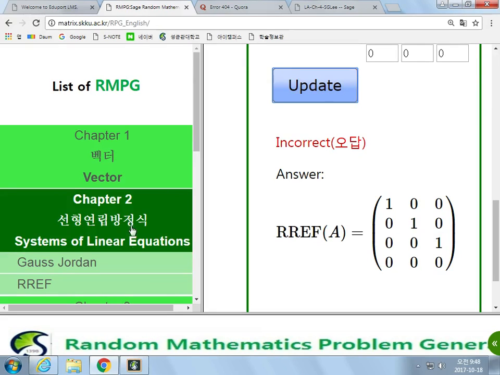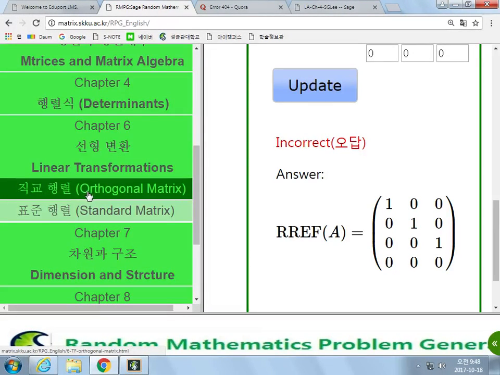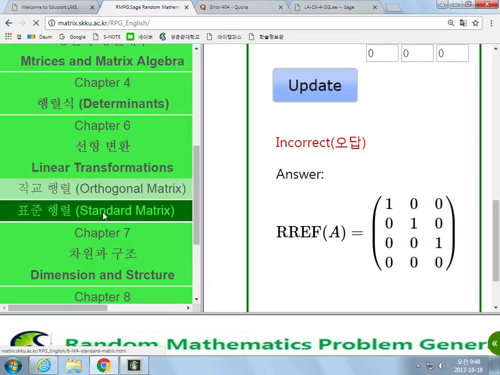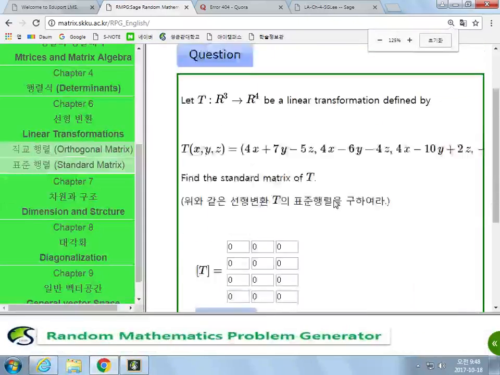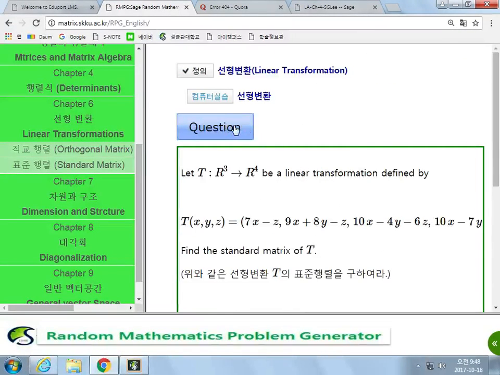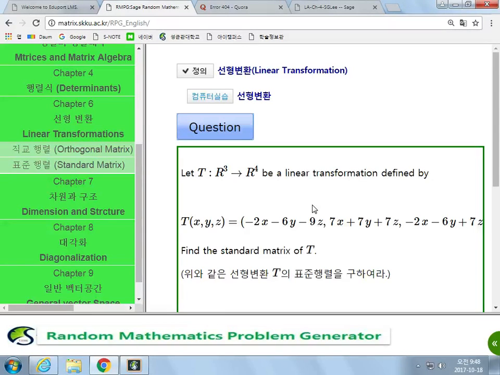Here also you have covered the linear transformation in chapter 6 and the standard matrix. For example, this is a linear transformation that you have. If you click it, you will find another one here. My code generates not only these problems but also computes the answer.